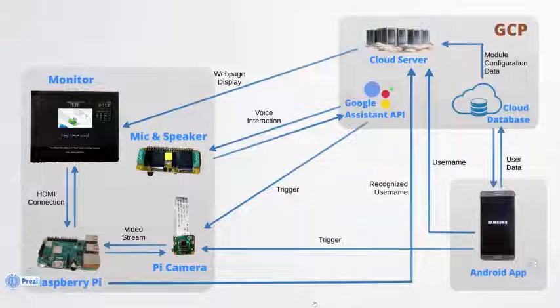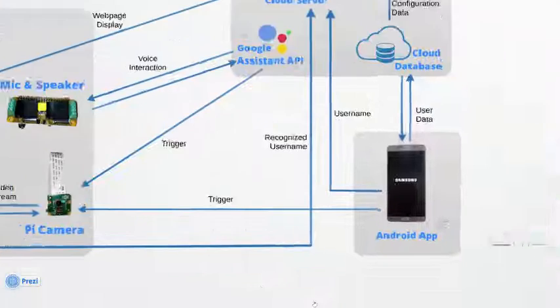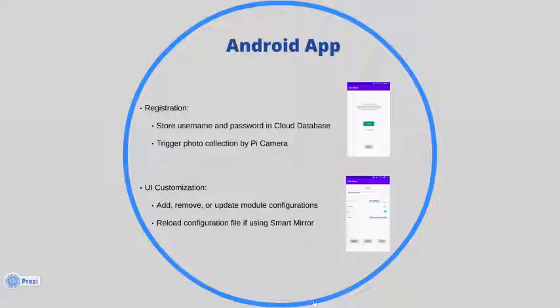The last main component is the Android app developed using Android Studio. At the time of registration, we can set username and password, encrypt the password, and store it in the cloud database. Then, we will trigger the Pi camera to take face photos and feed the face recognition model run on Raspberry Pi.